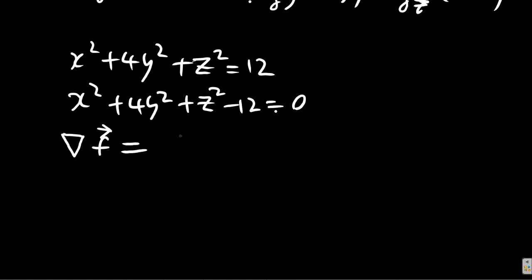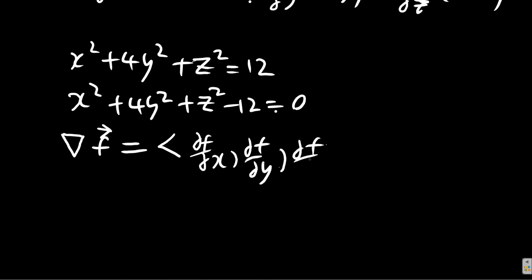Now, this is going to be represented as a vector: delta f by delta x, delta f by delta y, delta f by delta z. So that vector there will represent the gradient.